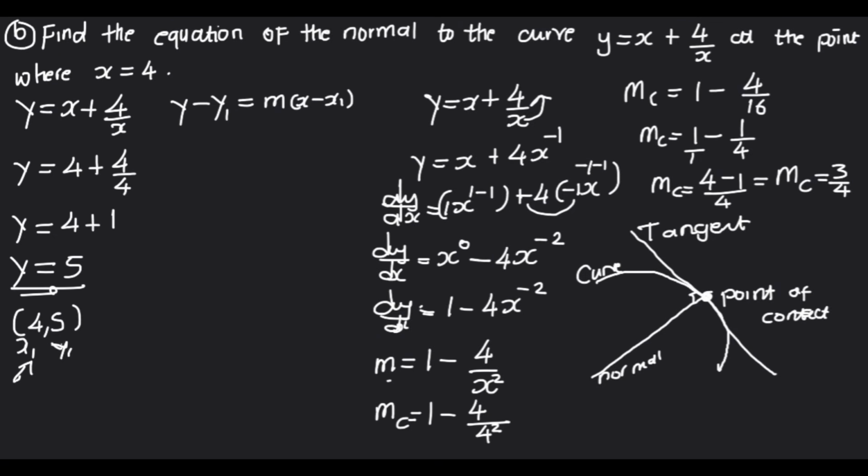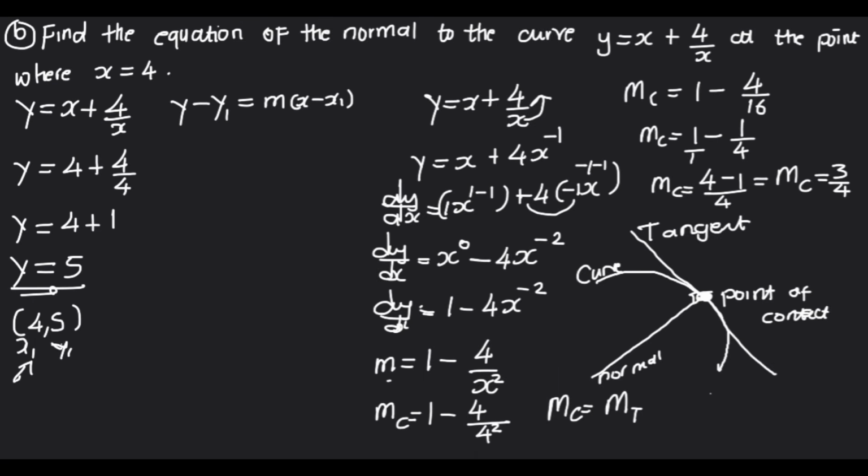Now, since we have found the gradient of the curve, what is the gradient of the tangent? So what you need to have in mind is the gradient of the curve is equal to the gradient of the tangent. Now we have the gradient of the tangent. Then how do we find the gradient of the normal?